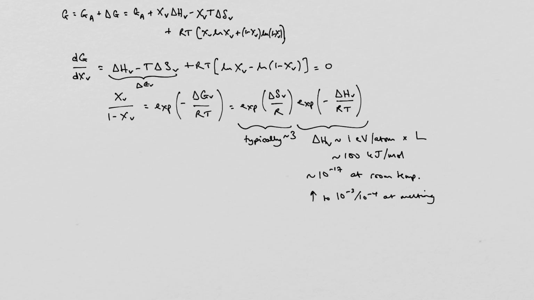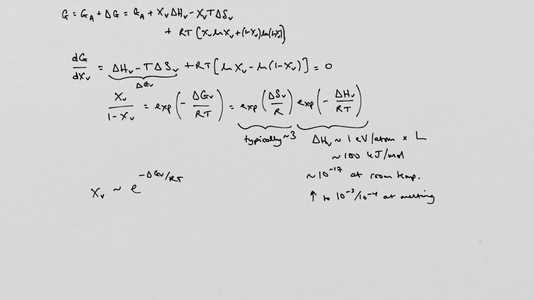So you've got a constant of order 1, and then you've got something that can vary by many orders of magnitude depending upon temperature. Clearly this is the thing that is really dominating what is going on. And if we assume that xv is much less than 1, then obviously the denominator we can just approximate by 1, and therefore xv looks like just e to the minus delta gv over RT.